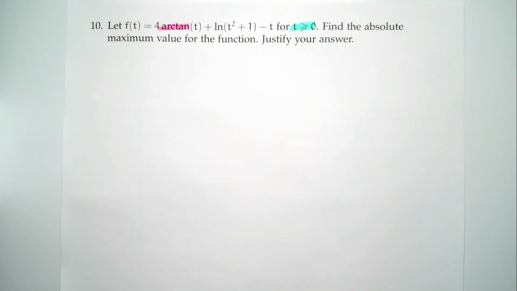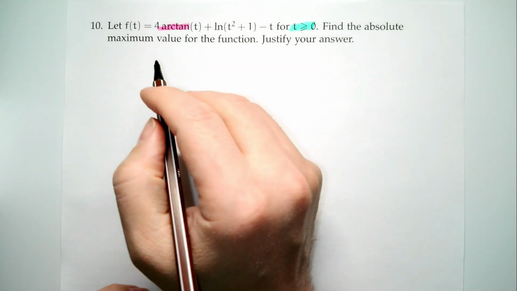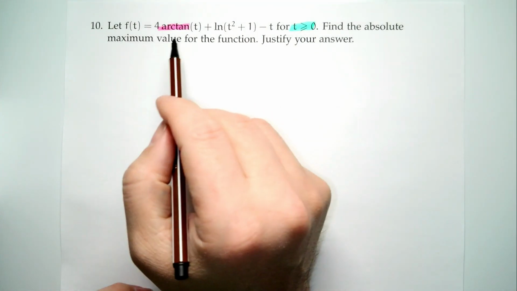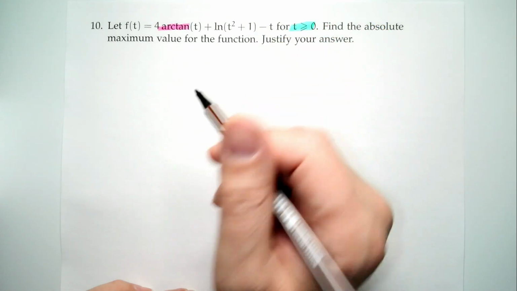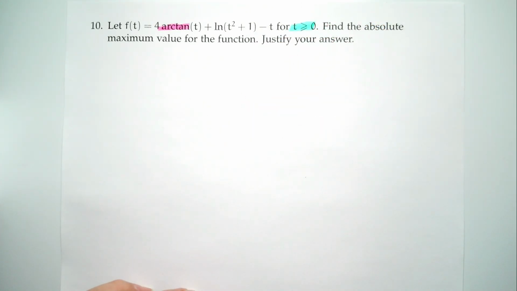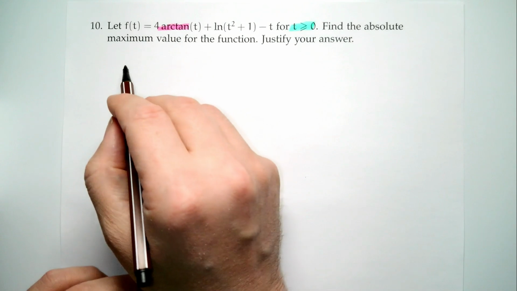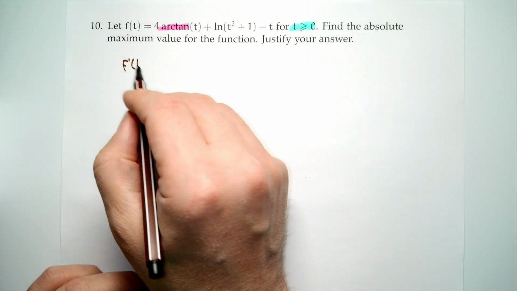So let's figure this out. As always, if we do have an absolute max, where can it be? It has to be at a critical point, because the critical points are the interesting points. If there's something interesting, it's almost always happening at a critical point. So we start by taking our derivative.